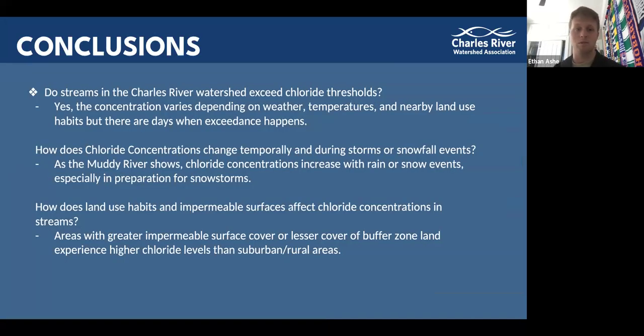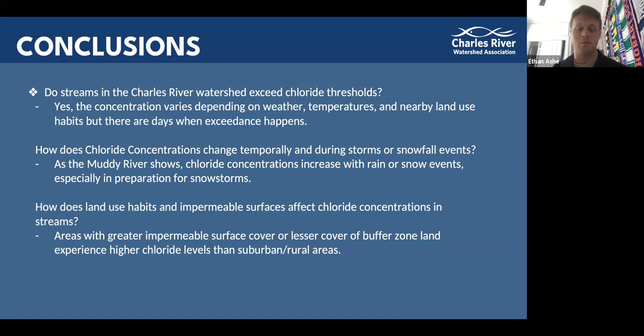Some of the conclusions we can make from this: do streams in the Charles River watershed exceed chloride thresholds? Yes, absolutely. The concentration varies depending on weather, temperatures, and nearby land use habits, but there are days when exceedance happens. How do chloride concentrations change temporally and during storms and snowfall events? As the Muddy River shows, chloride concentrations increase with rain or snow events, especially in preparation for snowstorms.